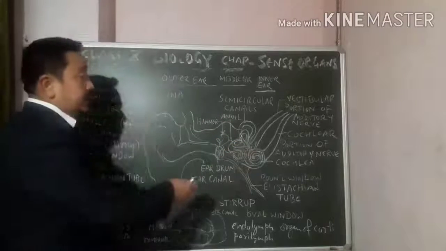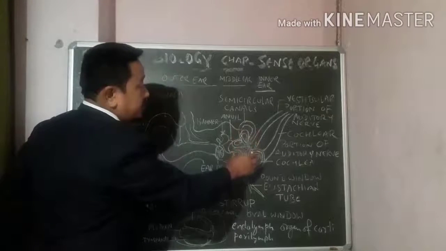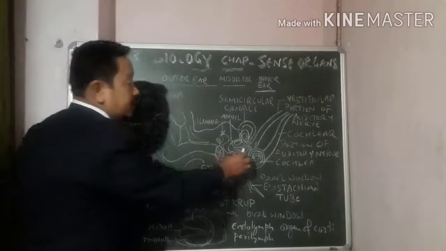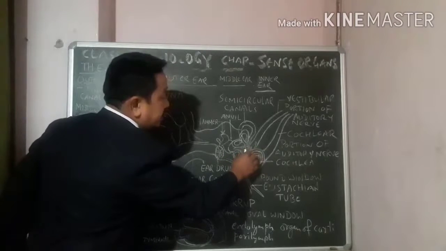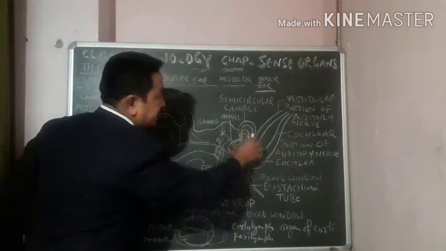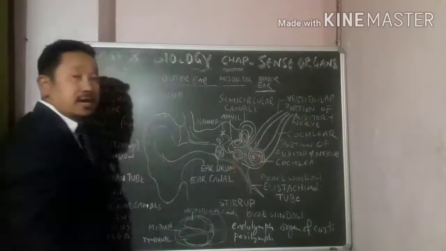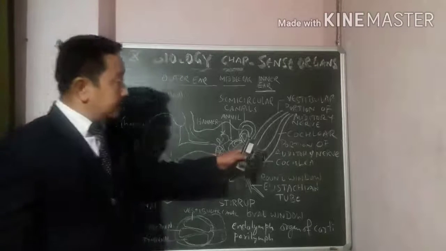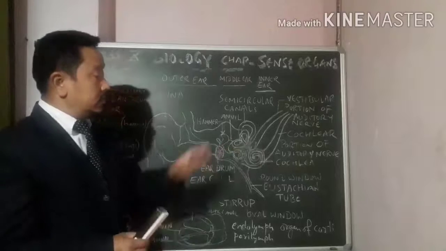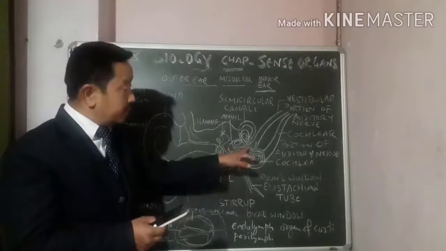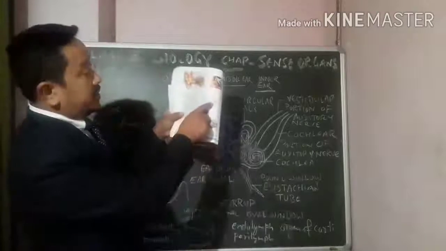And here you see the base of the semicircular canals being attached to this cochlea also. This base is a little bit long, which is not shown out here, but as you see in the other diagram of your book, it can be clearly seen.